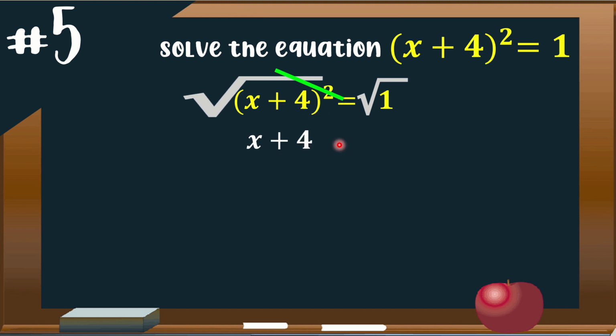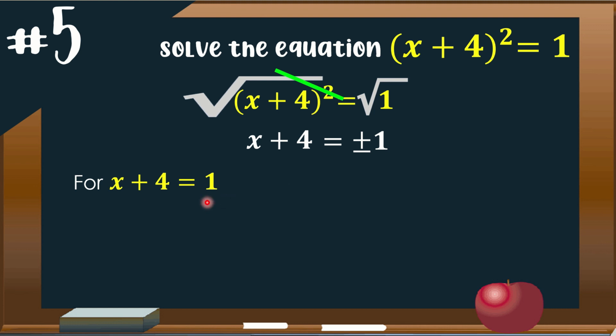X plus 4 is equal to positive negative 1. So, ano na po ang magiging solution or value ni x? Siyempre, dalawa yan. Kasi x plus 4 is equal to positive negative 1. So, ano gagawin natin? Let us use the positive 1 first and later on, we will use the negative 1.